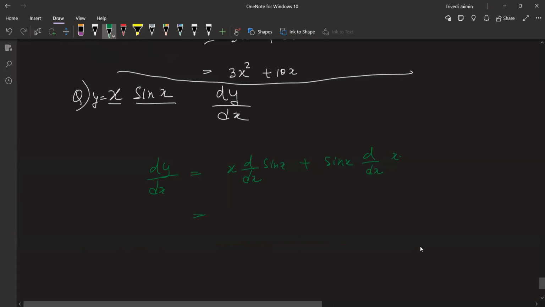So what is the rule? d of f into g: f constant dg by dx plus g constant df by dx. So here f is x and g is sin x.